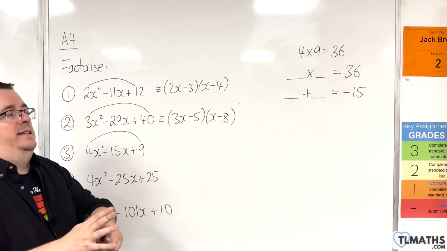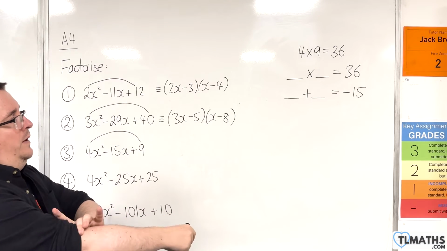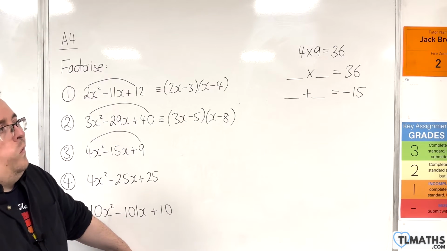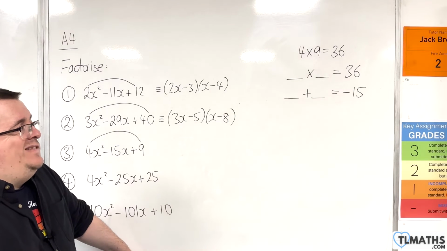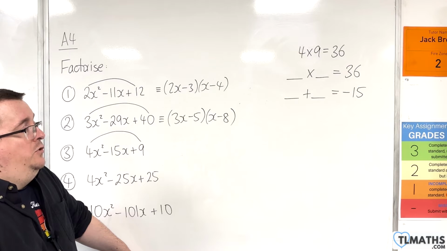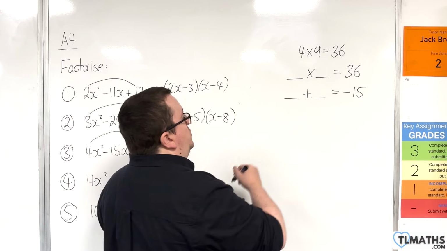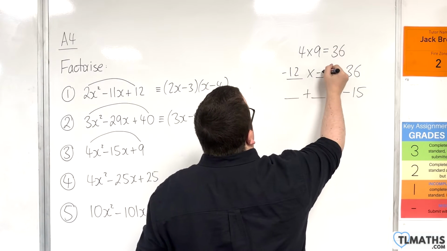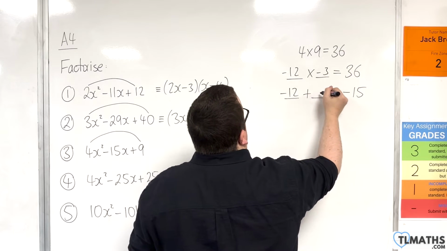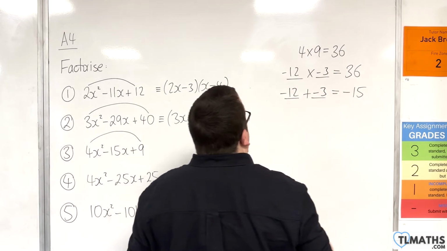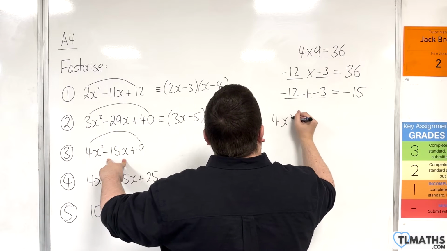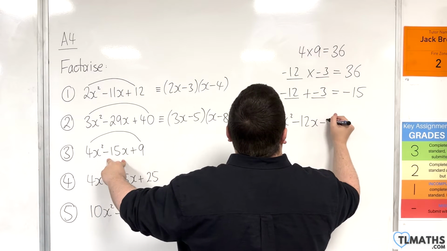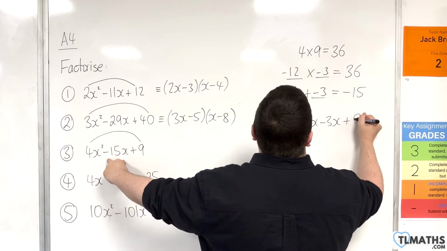Right, both negative again. 9 and 4 won't work, unfortunately. 12 and 3 though, so minus 12 and minus 3. Minus 12 take away 3 is minus 15, so that's good. That's what we want. So 4x squared, take away 12x, take away 3x, plus 9.